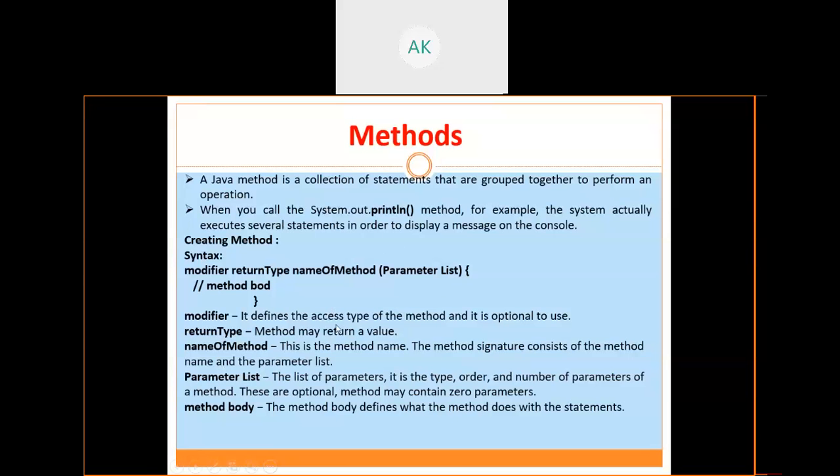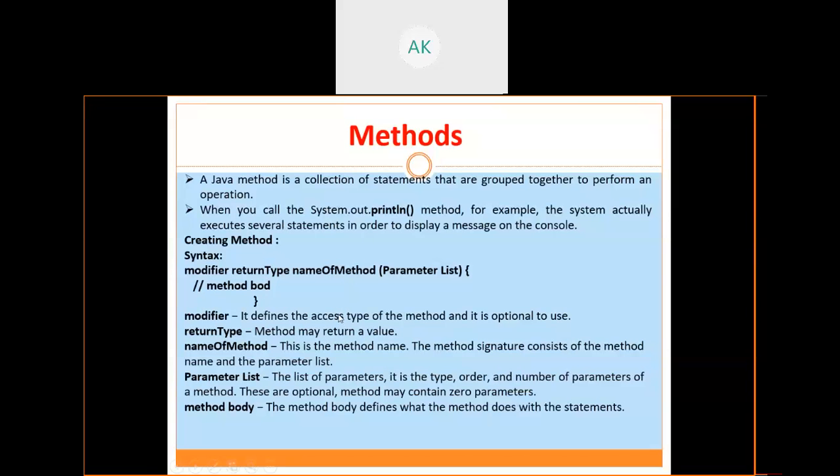The modifier defines the access type. The way we define the modifier, accordingly its accessibility will be defined. If we define a certain method as private, that particular method will be accessible only within that particular class. No other class will be able to access that method. Whereas if I define the modifier as protected, that particular method is accessible within that class, and also accessible to the classes derived from it.